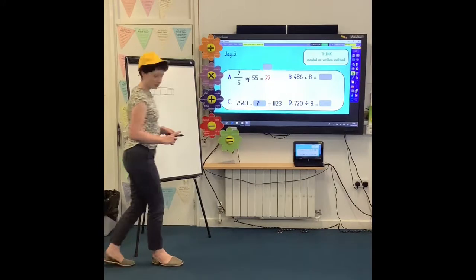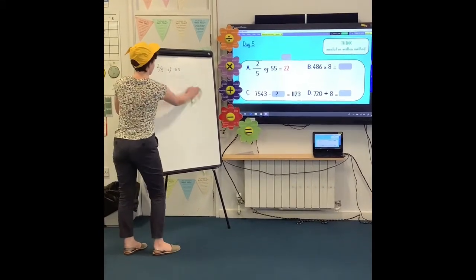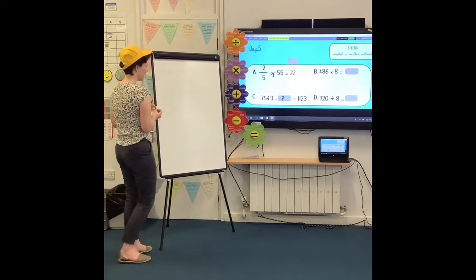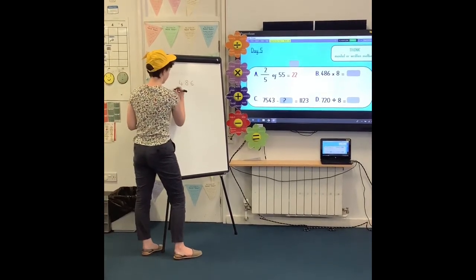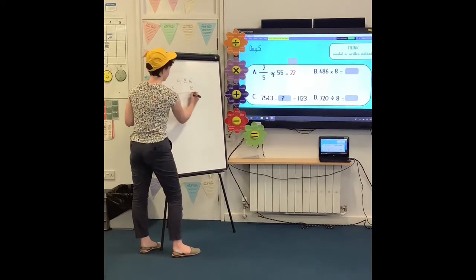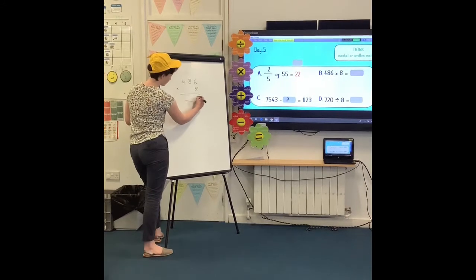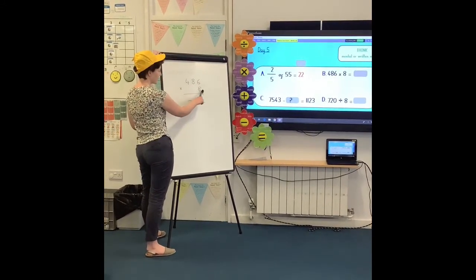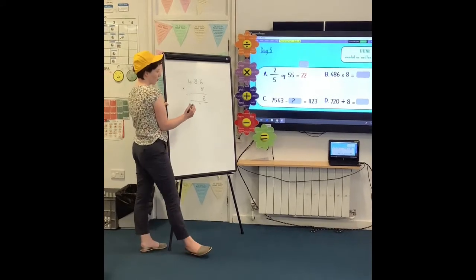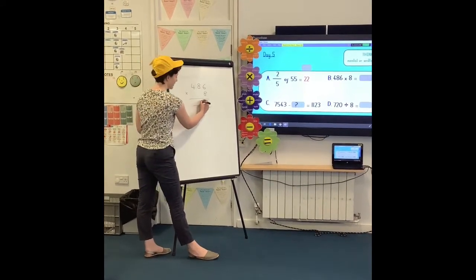B, we've got 486 times 8. I'm going to use a written method to help me. 6 ones times 8 is 48 ones. Then I've got 8 tens times 8 is 64 tens. Add my 4 tens that I've regrouped is 68 tens.